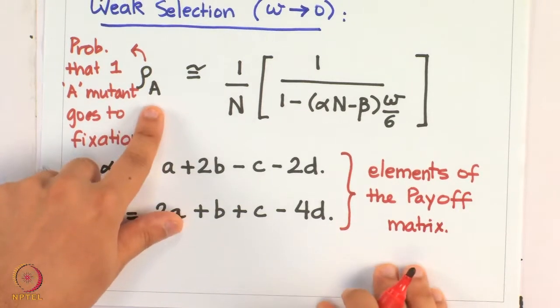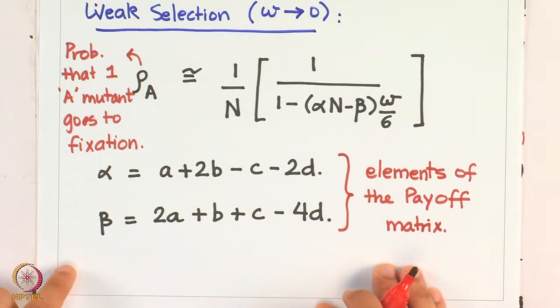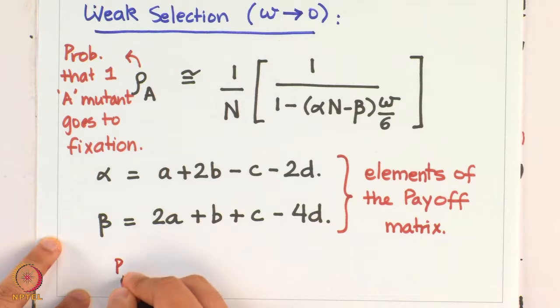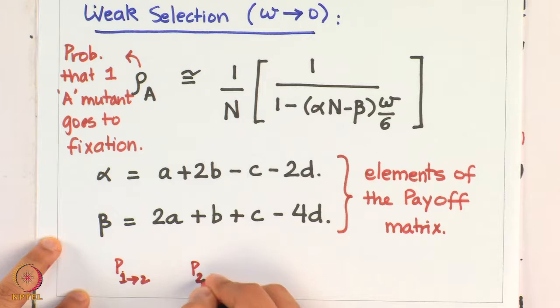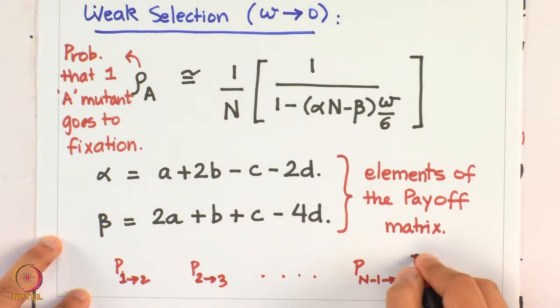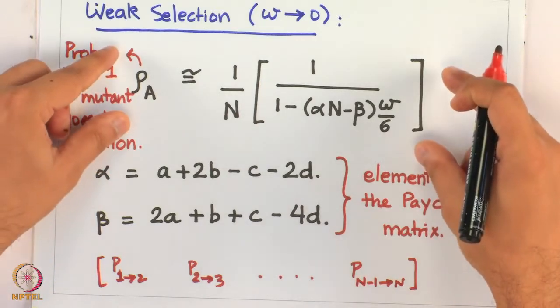This particular rho A is the probability that one A individual mutant that arose in the population goes to fixation. While this mutant went to fixation, all the steps associated with P 1 to 2, and then P 2 to 3, and so on, going all the way up to P n minus 1 to n, and their respective probabilities have been incorporated into this.